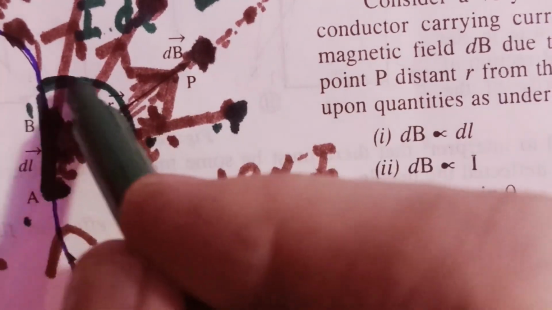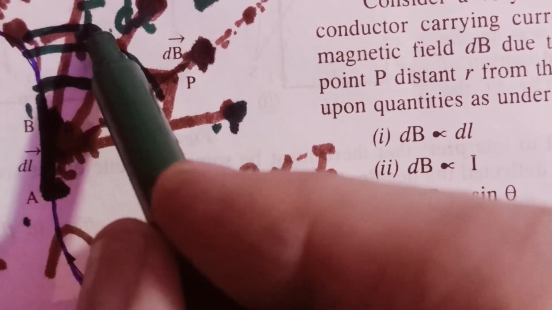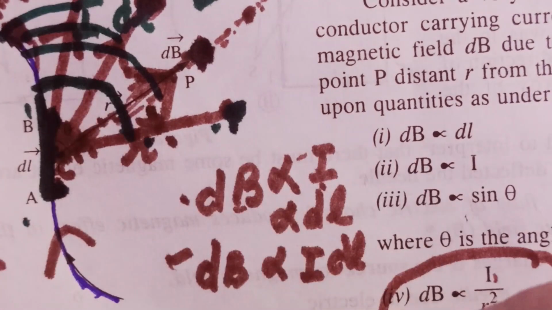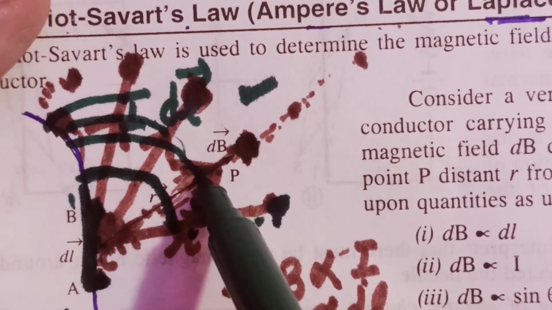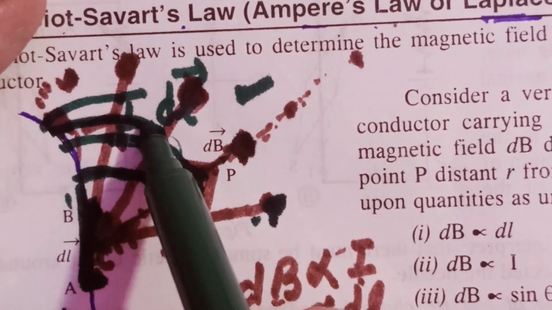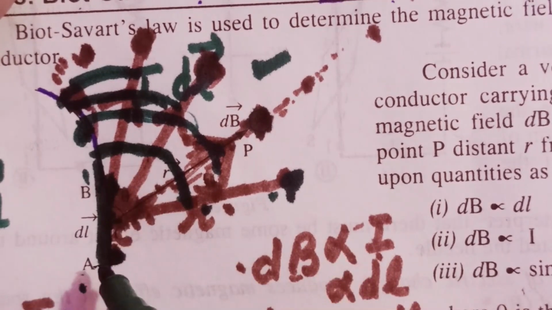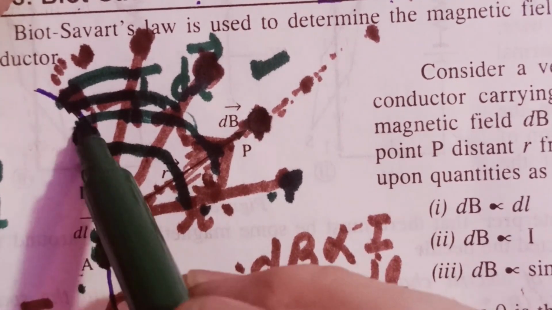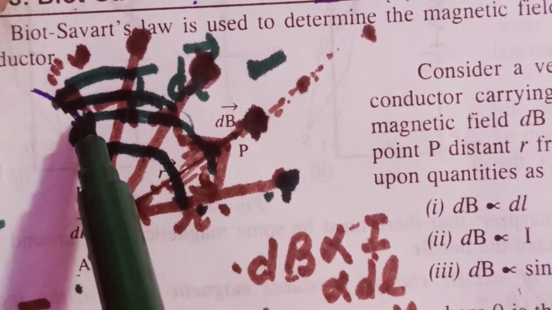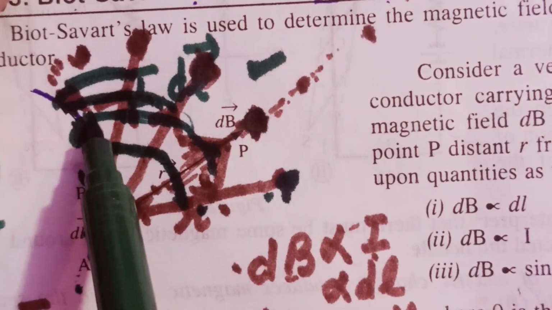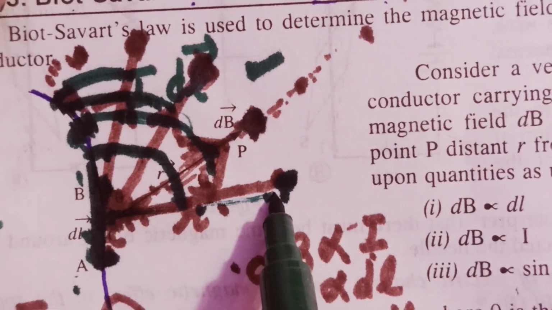If the angle is 90, and this is less than 90, the angle is decreasing, and the field decreases from here to here. And if you are on the length element, then theta becomes 0, and you will find no field here. No field exists on the length element. The field exists maximum at 90 degrees.